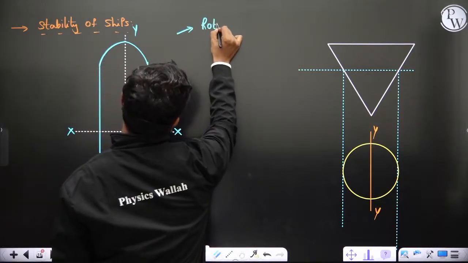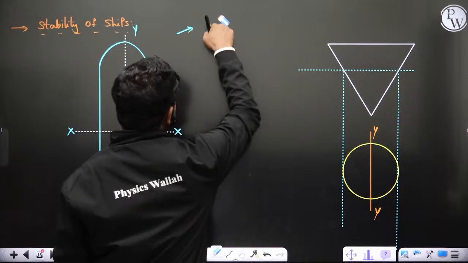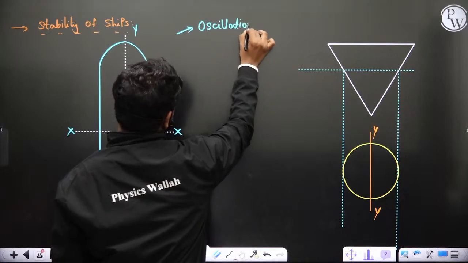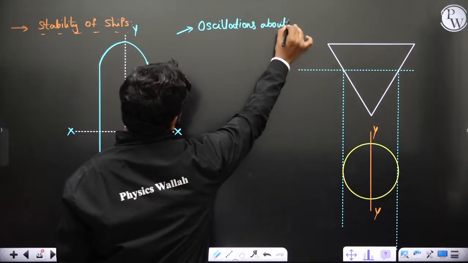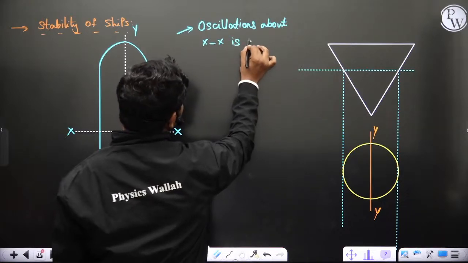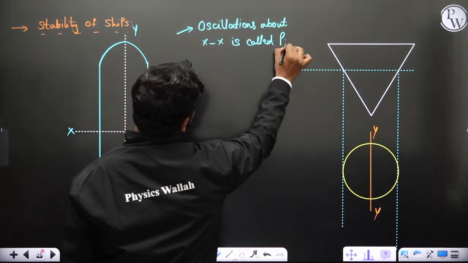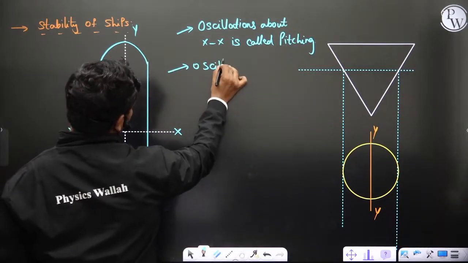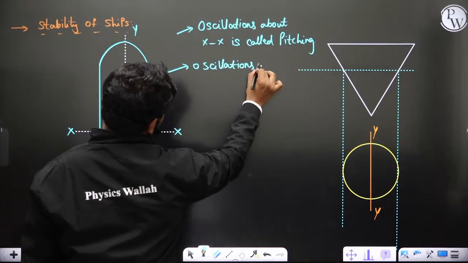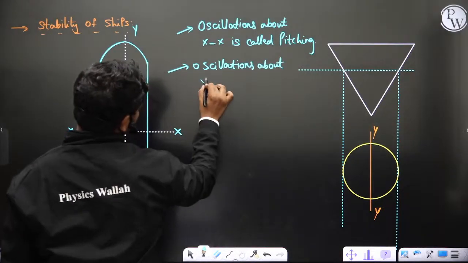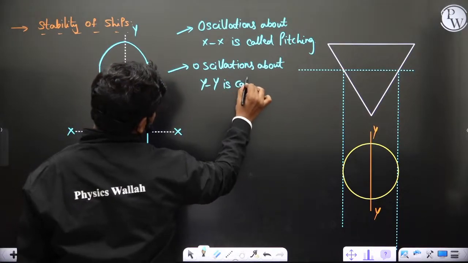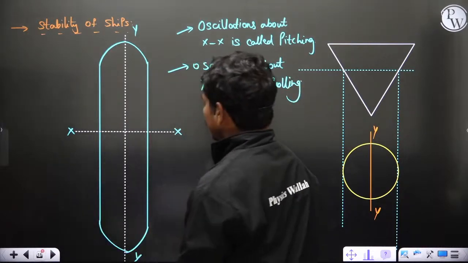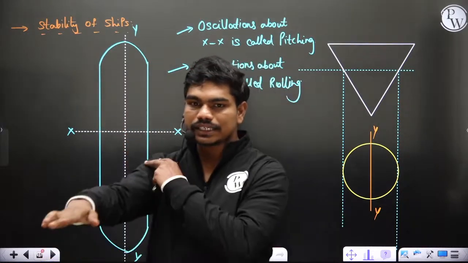Oscillations about XX is called pitching, obviously, and oscillations about YY is called rolling actually. So, for example, this is the length of the ship.